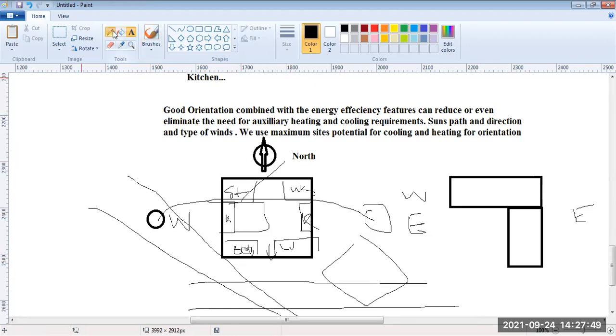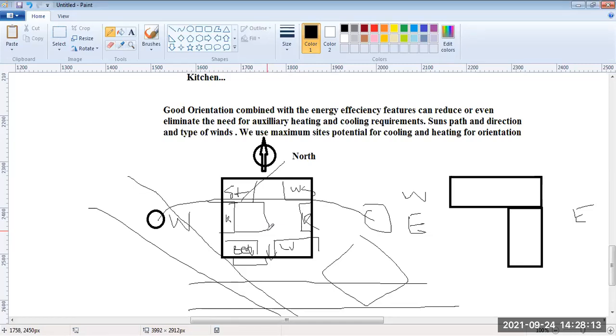Now during the summers they may heat up, so you provide the eaves and the sun shades for the summertime. In the winter time the sun will be quite low, so it will still go through this. So now all south facing walls and windows receive maximum solar radiation during the winters than in the summers.